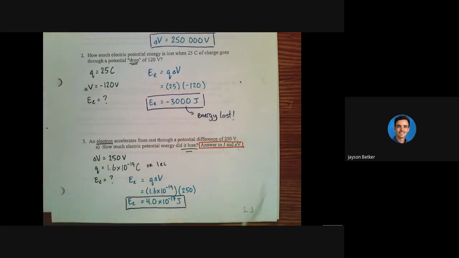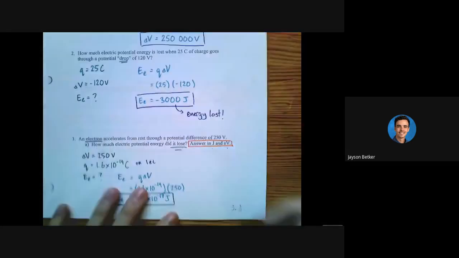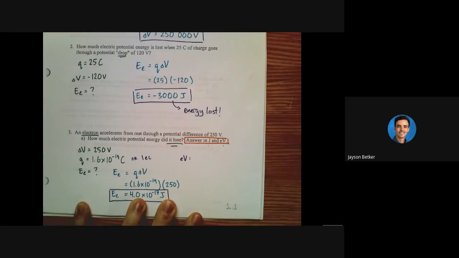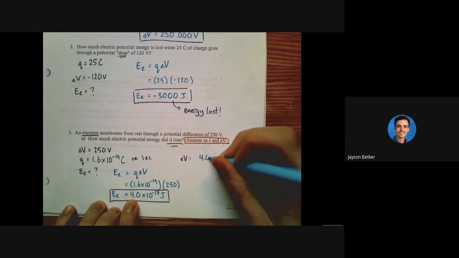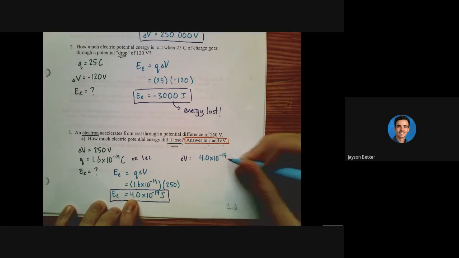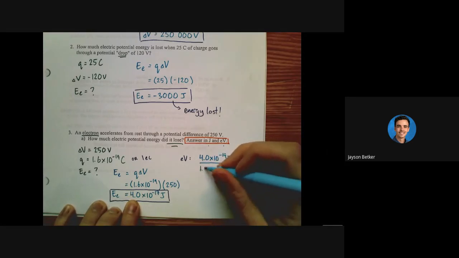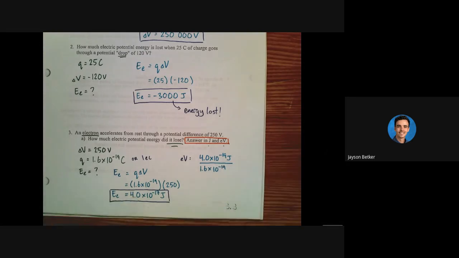Now in this case, because I know that 1 electron volt is equal to 1.6 times 10 to the negative 19 joules, to do it in eV I have to take my initial number, 4.0 times 10 to the negative 17 joules, and divide by 1.6 times 10 to the negative 19.